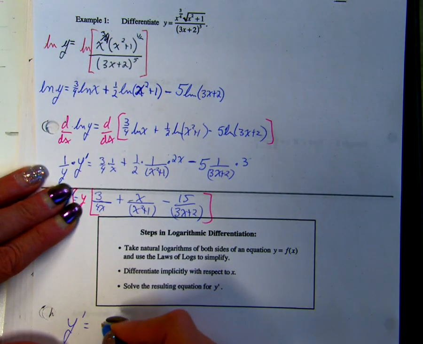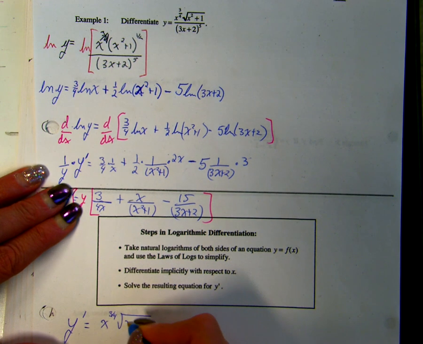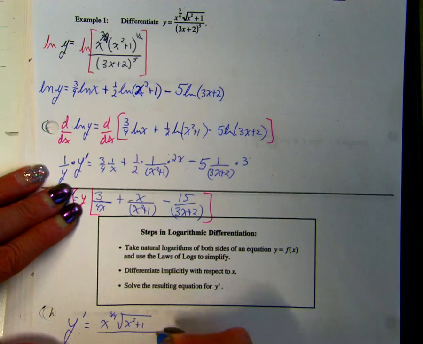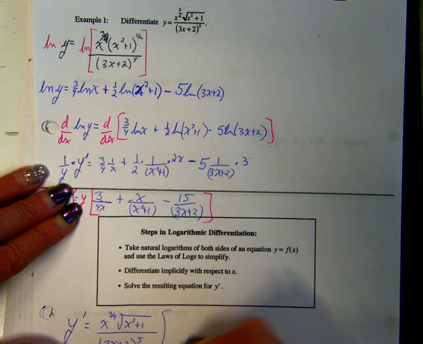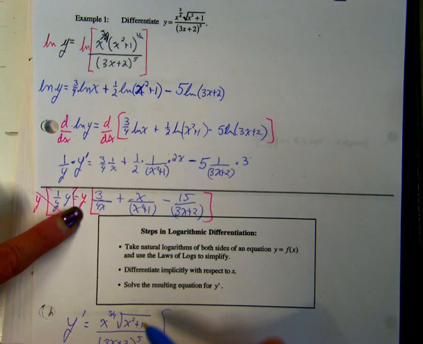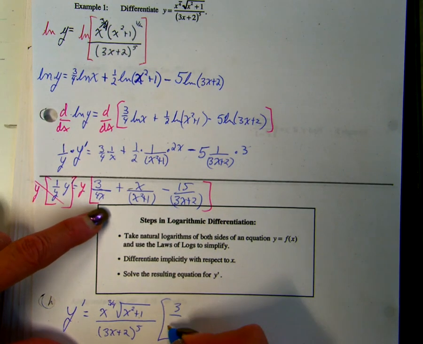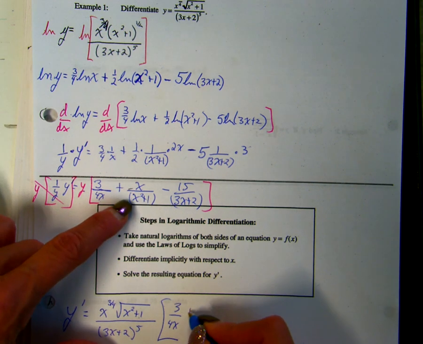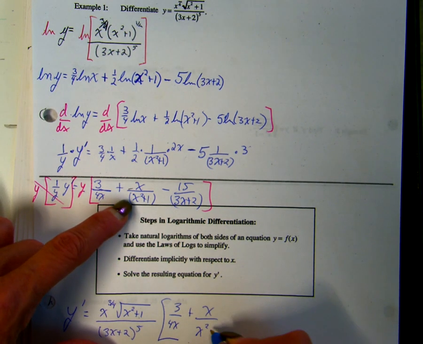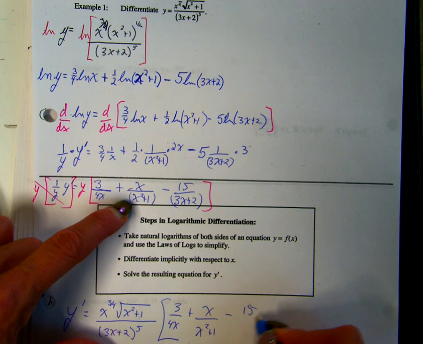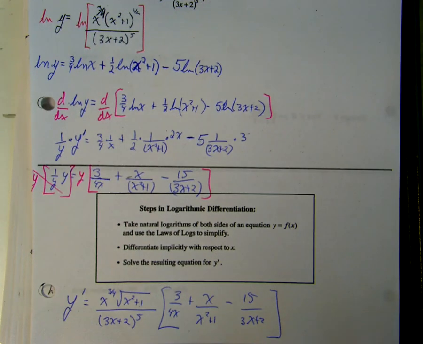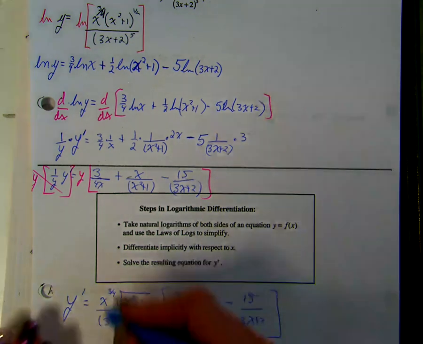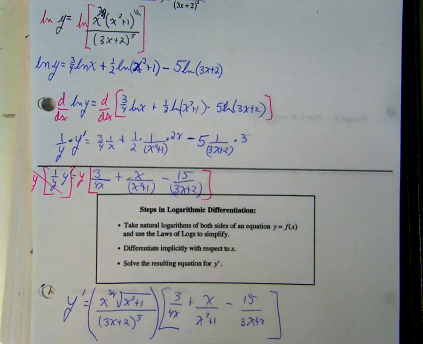Well, y is x to the 3/4 square root of x squared plus 1 over 3x plus 2 all to the 5th. So there's the y times 3 over 4x plus x over x squared plus 1, subtract 15 over 3x plus 2. And pretty simply we've got our derivative.